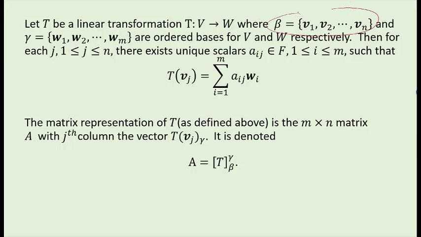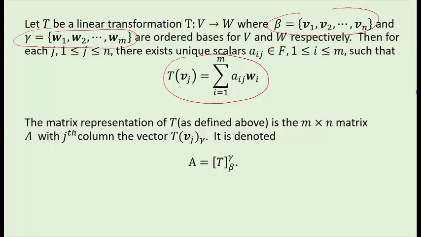And W is dimension m, so here we have an ordered basis gamma for W. Then for each j between 1 and n, there exist unique scalars a sub ij in the field, for 1 less than or equal to i less than or equal to m, such that T of v sub j is put into this vector space W, and in W it has a unique representation in terms of the w sub i.